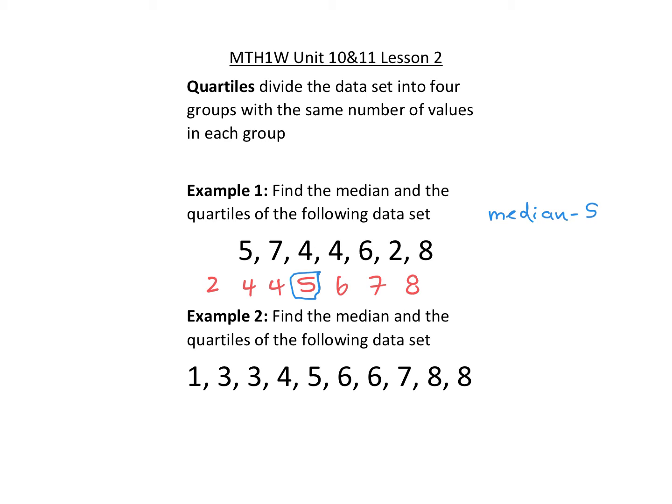And then the 3 numbers to the left, I want the middle of those numbers. Let's do this in green. So this is the middle of the 3 numbers to the left, and this is the middle of the 3 numbers to the right. So this number is the lower quartile, and this number is the upper quartile.